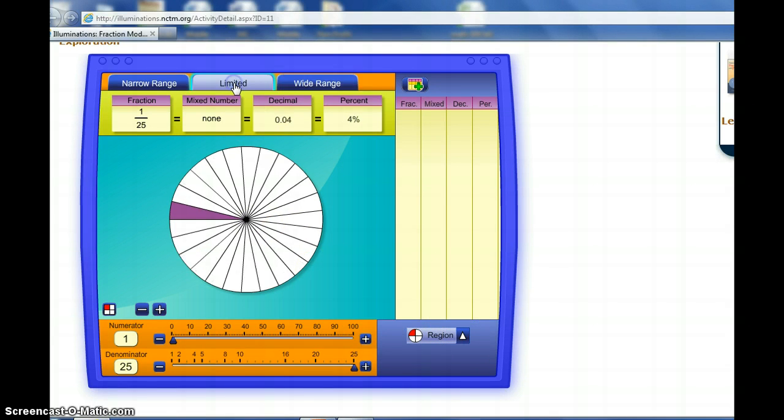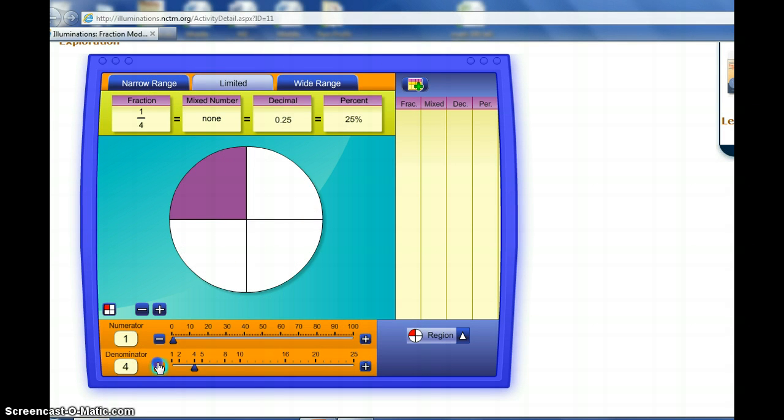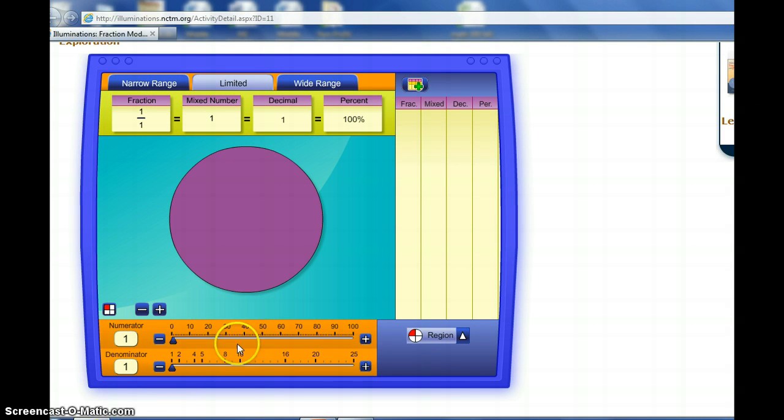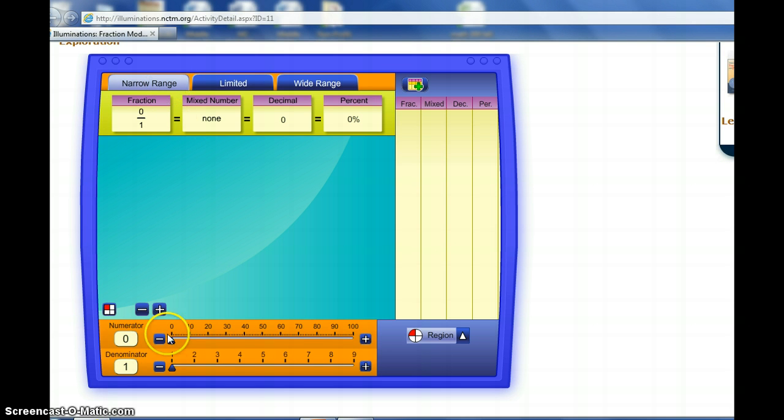I'm going to bring this back down. So here's a circular example. So if we wanted, let's say we make the numerator, oops, didn't want to do that. I'm going to go back to the narrow range.